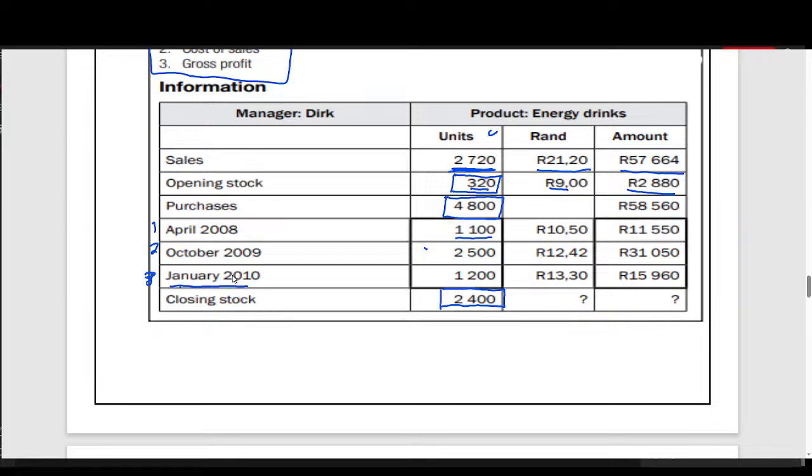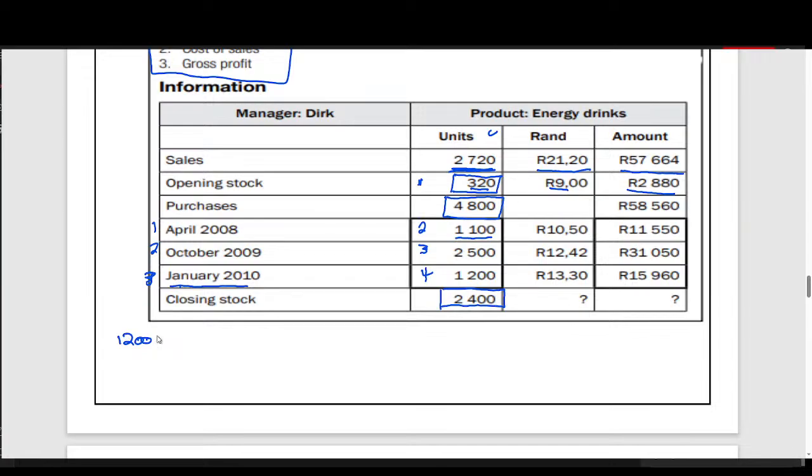January is our most recently bought stock, meaning that stock was not sold, because we sell the old stock first. The old stock starts here: first, second, third, and fourth. So this is the stock that we bought most recently. Out of this 2,400, we know that the 1,200 was not sold, because this was the last stock that we bought.